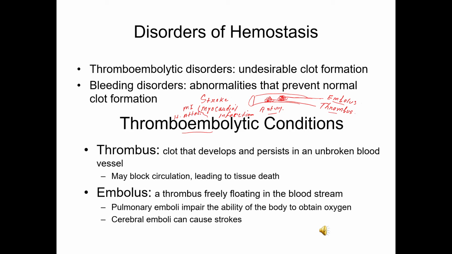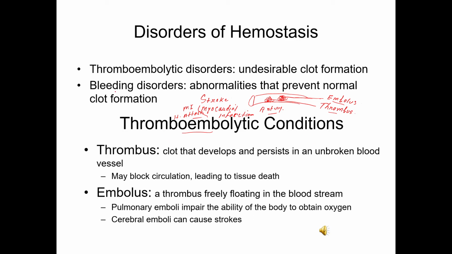Okay, so that's why abnormal clot formation inside the blood vessel is highly undesirable. We don't expect or desire any clot formation inside our blood vessels, and that is a thromboembolic condition.